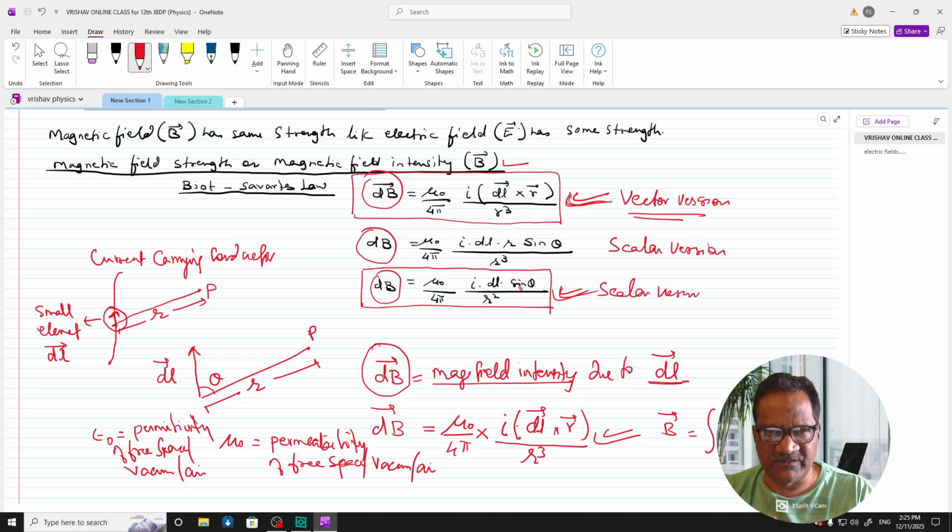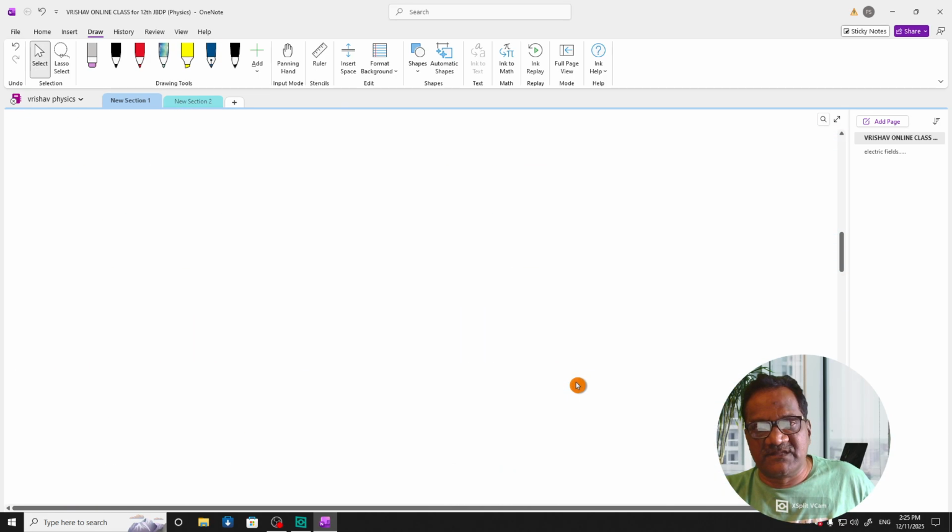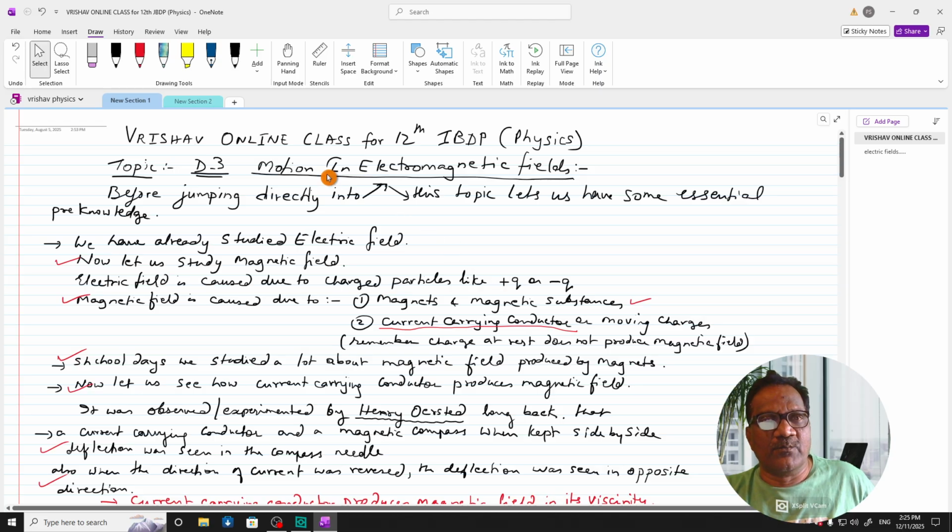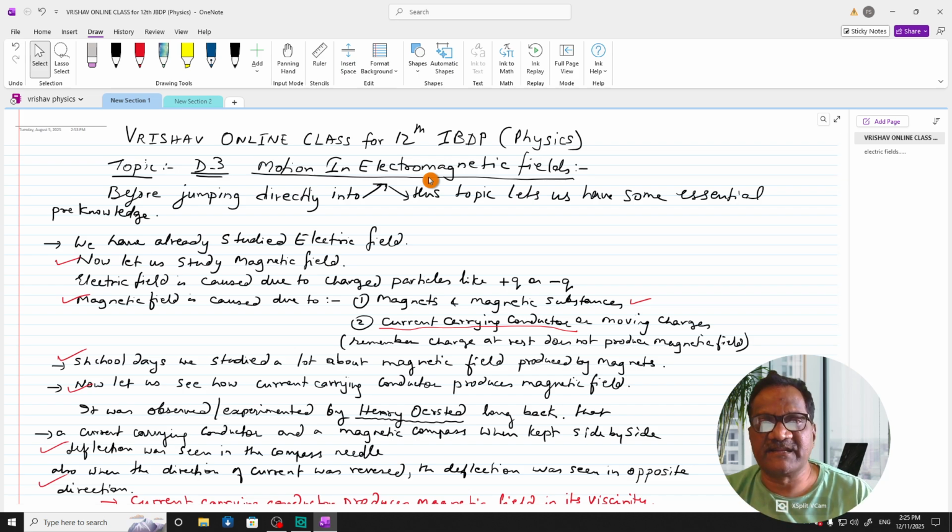Slowly, steadily we'll be moving ahead to the topic of this session, which is motion in electromagnetic field. Right now we are just talking about the motion in the magnetic field, and when we combine the electric and the magnetic field, we will study the effect on the motion.